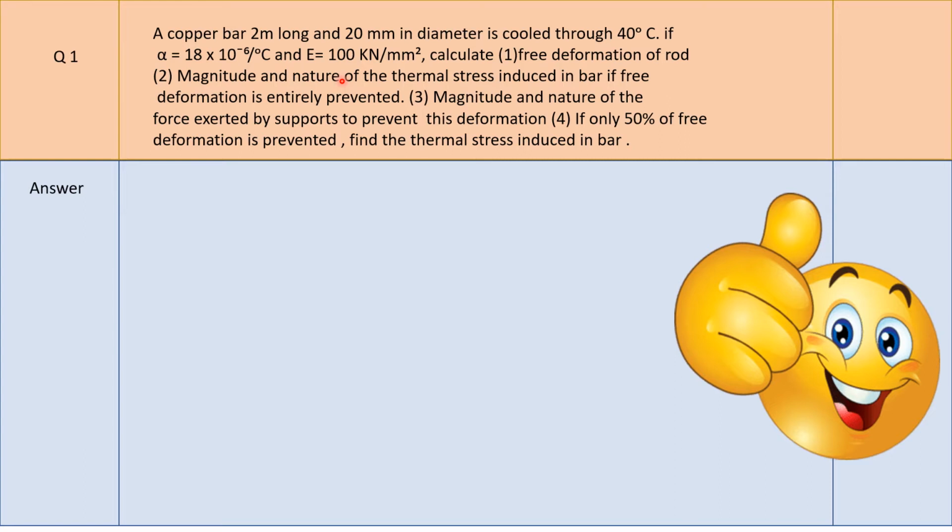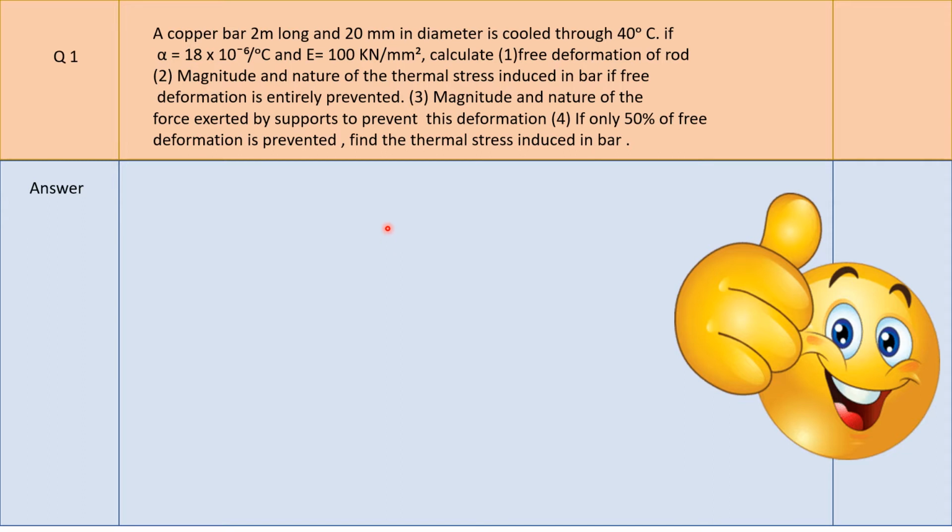If alpha is equal to 18 into 10 raised to minus 6 per degree Celsius and E is equal to 100 kilonewton per mm square, calculate: number 1, free deformation of the rod; number 2, magnitude and nature of thermal stress induced in the bar if free deformation is entirely prevented; number 3, magnitude and nature of force exerted by supports to prevent this deformation; number 4, if only 50% of free deformation is prevented, find the thermal stress induced in the bar.